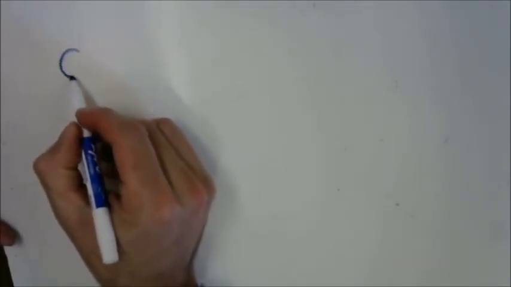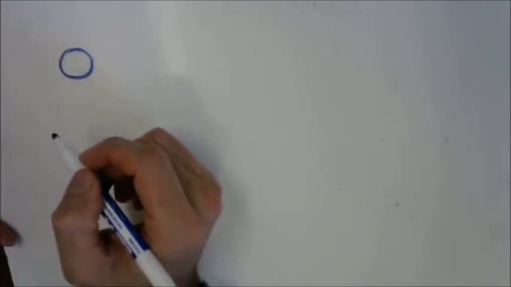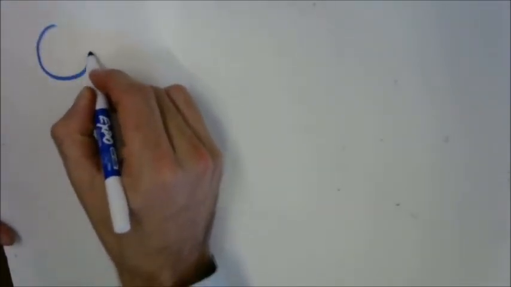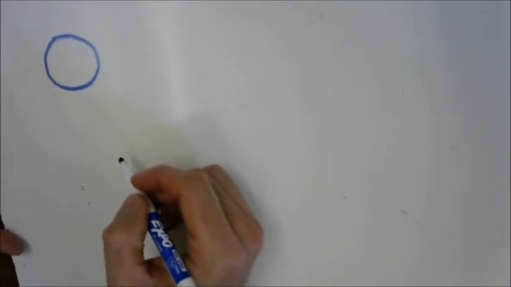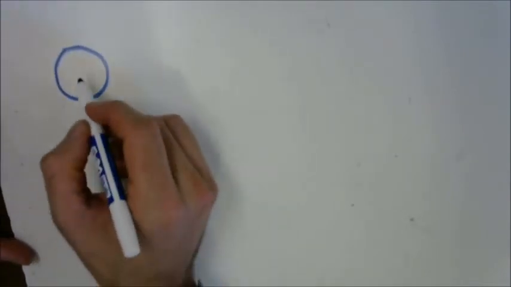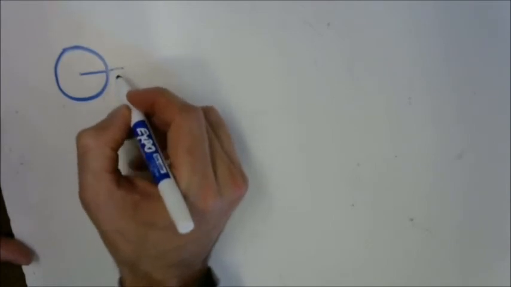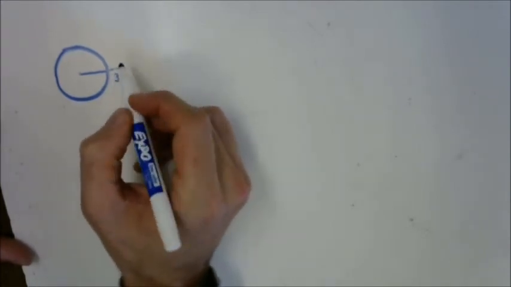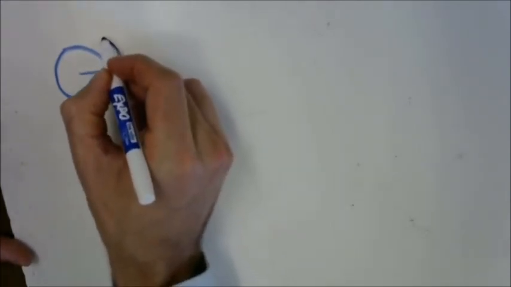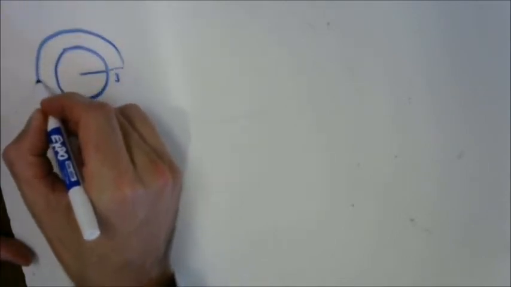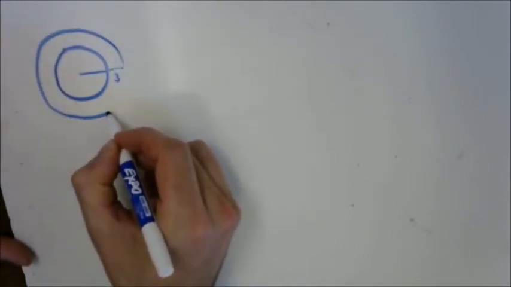Well, let's draw a picture of what that might look like. Let's say we have an old helicopter pad. I'm going to draw it a bit bigger. And the radius right here is going to be increased by 3 meters. So the new helicopter pad is going to be about like that.